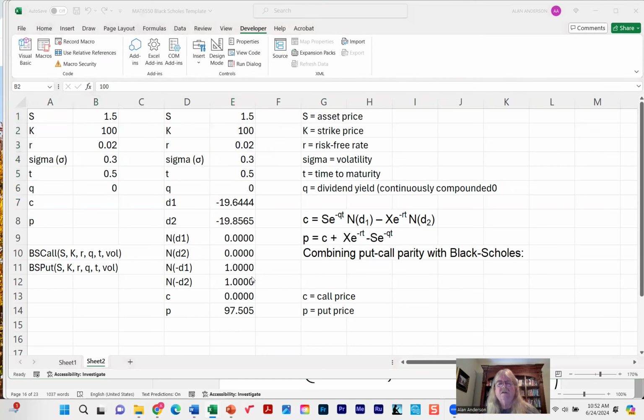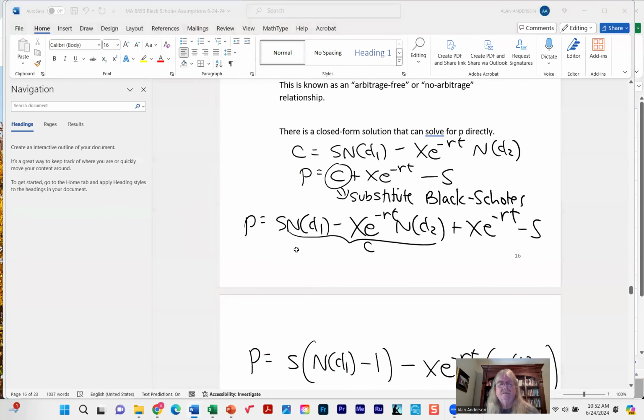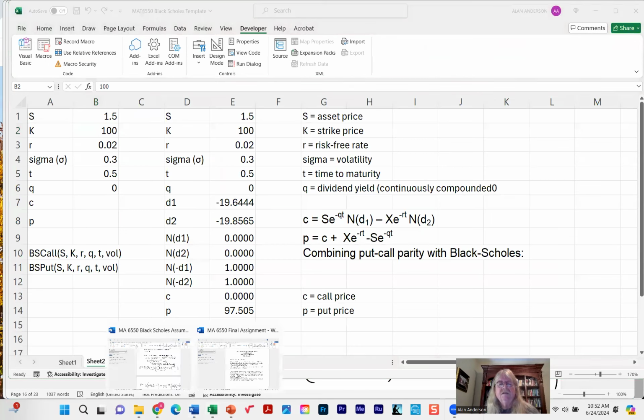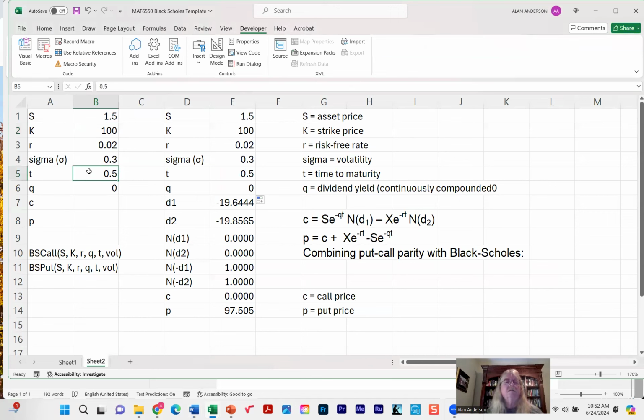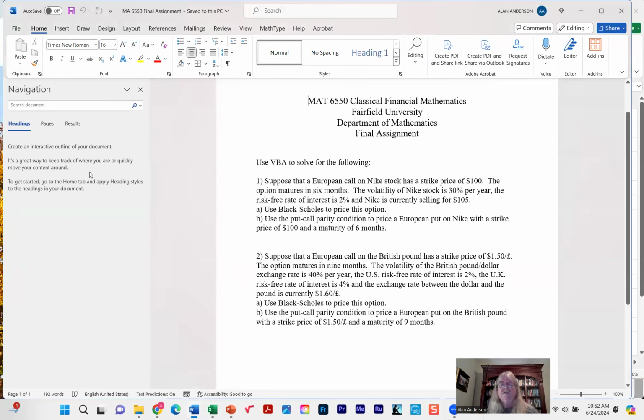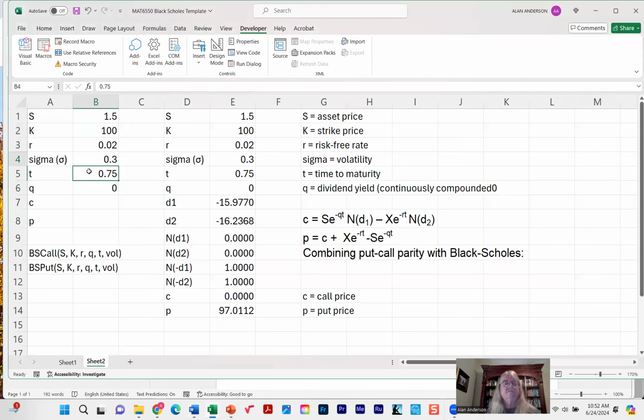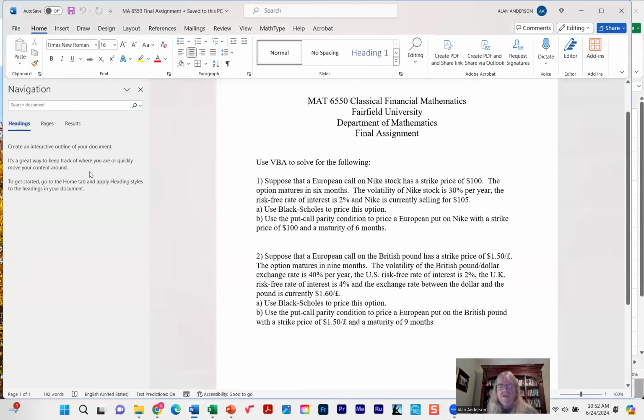Okay, what else is different? Here we go. 9 months, which is 3/4 of a year. Volatility is 40%. Risk-free rate is 2%.